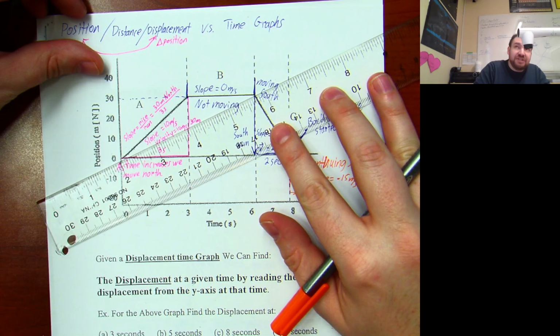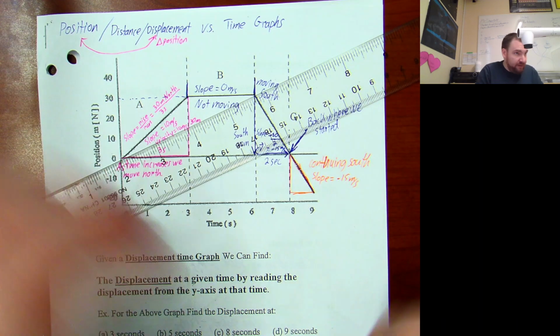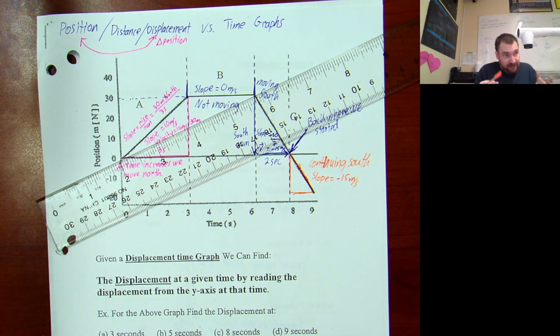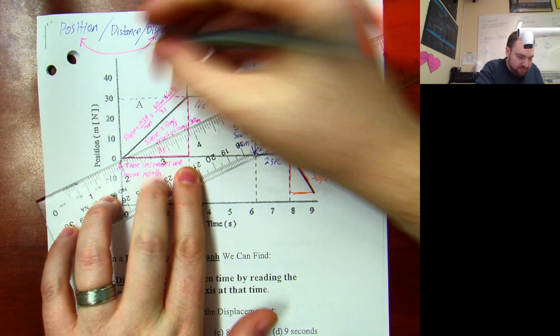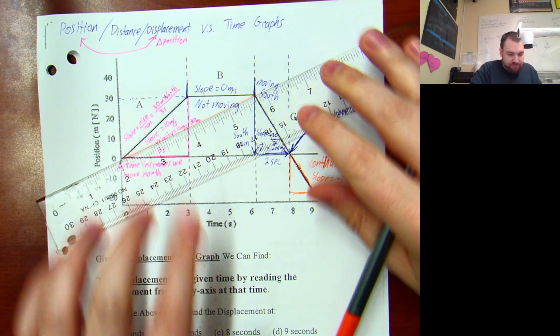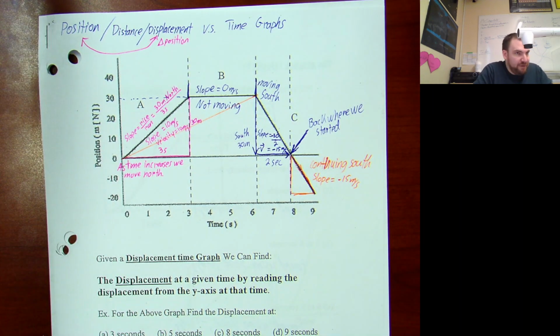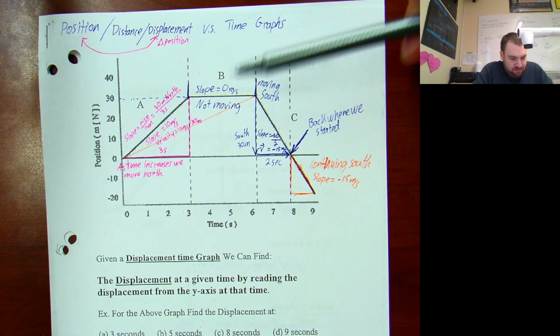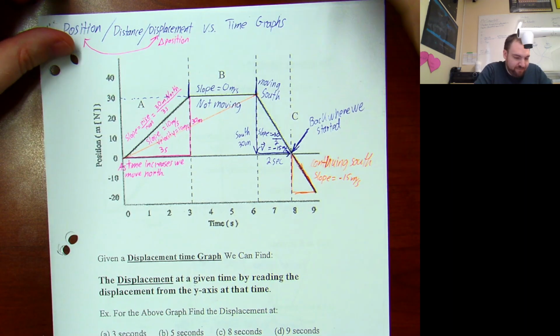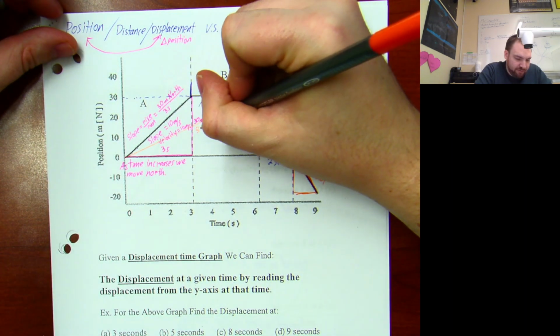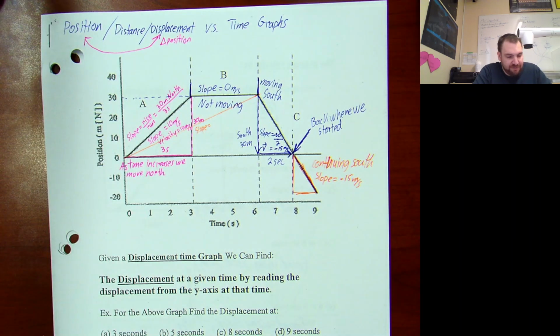But as far as the displacement time graph we're given, that line doesn't already exist. So if we found this using slope, making our own line in here, what's the rise, what's the run?